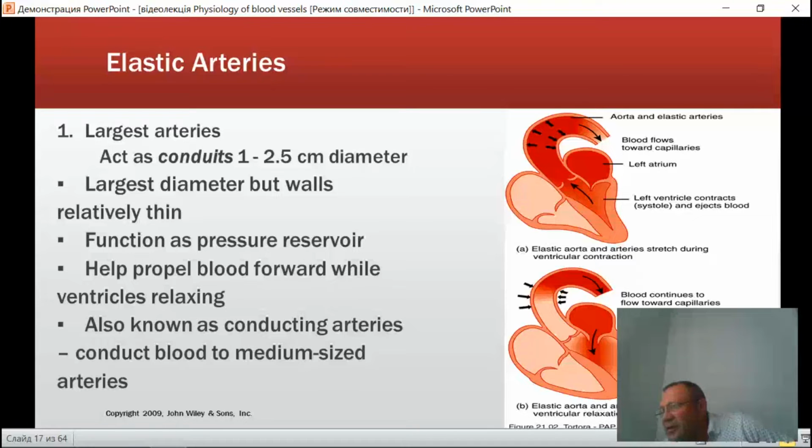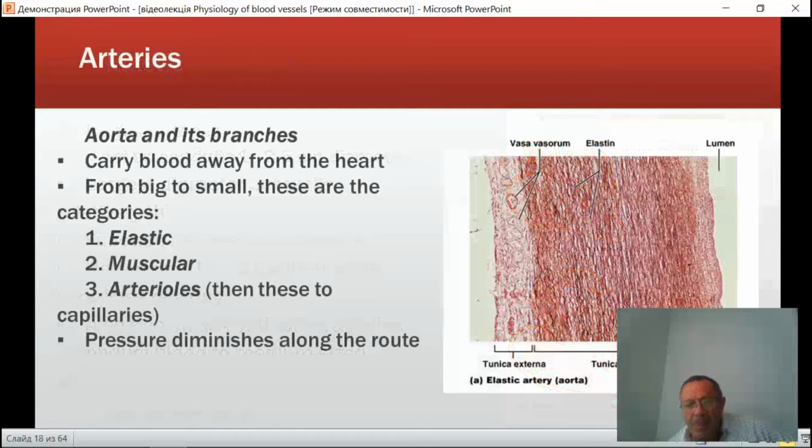Big vessels keep blood continuing to flow toward capillaries. Arteries, the aorta and its branches, carry blood away from the heart, from big to small.